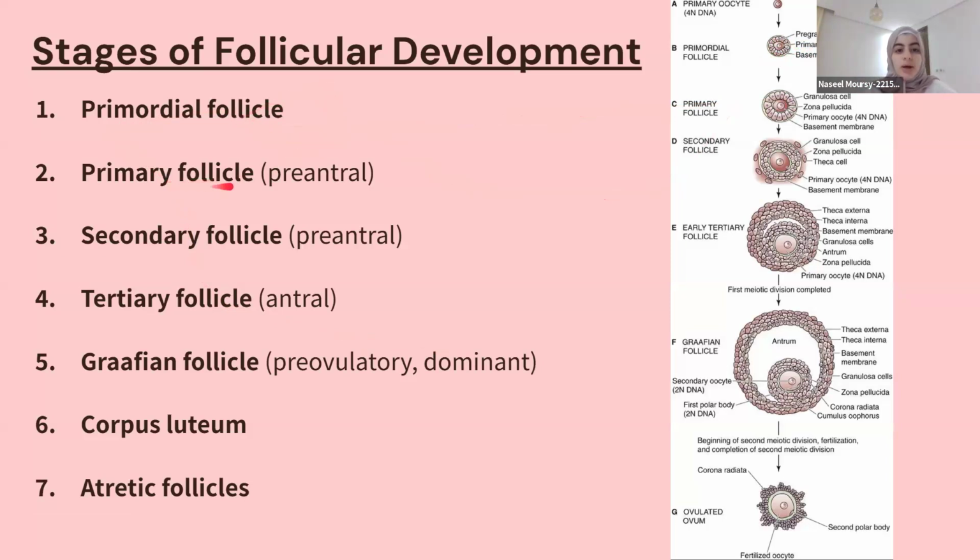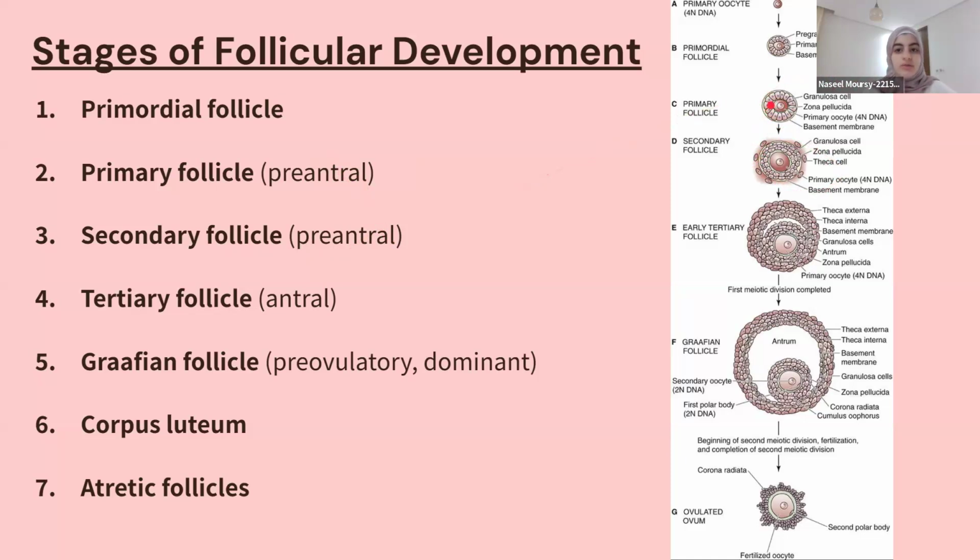Now, after that, we've got the primary follicle and the secondary follicle. These two are pre-antral follicles. Pre-antral means they are right before they start developing the antrum. Okay, primary follicle, here's the structure. Okay, and the secondary follicle. Now, how are they different?